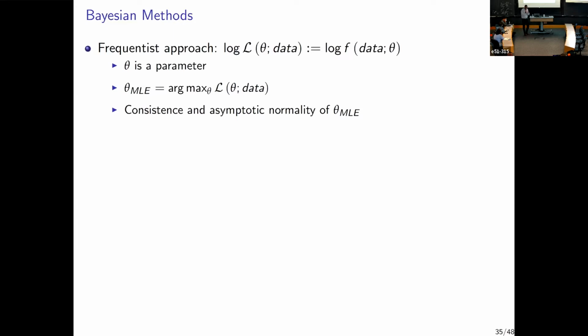It's fixed, and the maximum likelihood estimator is basically the theta that maximizes the log likelihood. Okay, and you saw in Whitney's lecture that under regularity conditions we can show that the MLE is consistent and asymptotically normal. Great. Okay, so that's the approach.